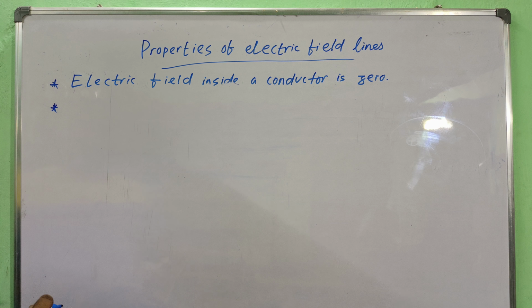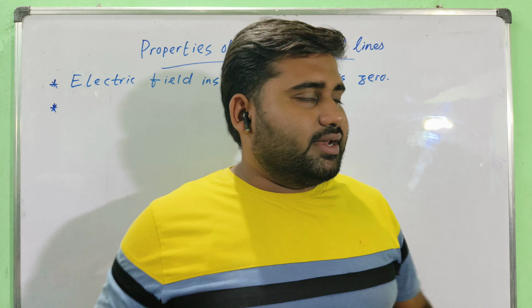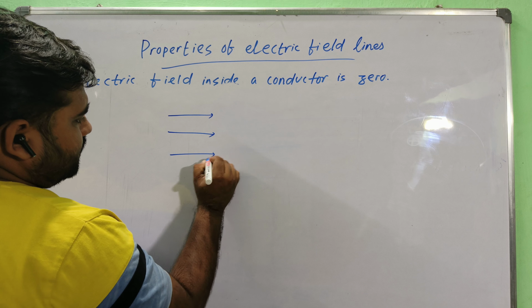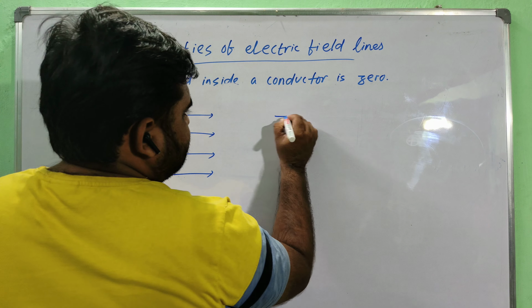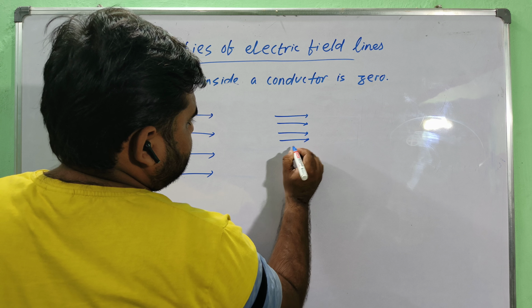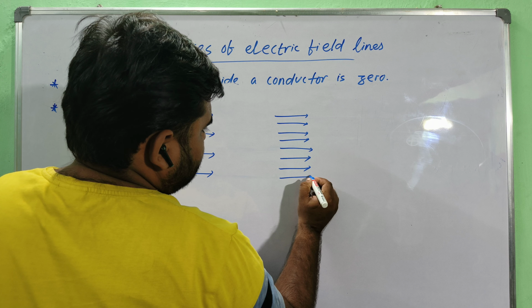What is that other property? There are two electric fields given. This is one electric field, and this is another.